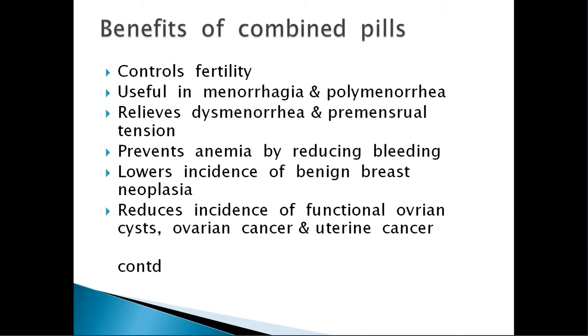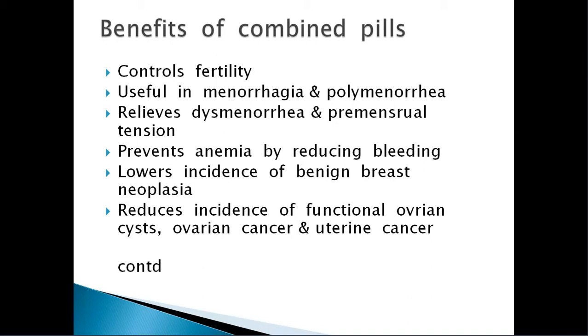So when we are giving OC pills, we give for 21 days in the cycle with a 1 week pill-free interval. So in this interval, the patient has menstruation. So regularly, the patient will be having menstruation at a fixed time. So polymenorrhea is prevented. It relieves dysmenorrhea and premenstrual tension. See, normally dysmenorrhea, whether it's congestive dysmenorrhea or spasmodic dysmenorrhea, is because of ovulation.